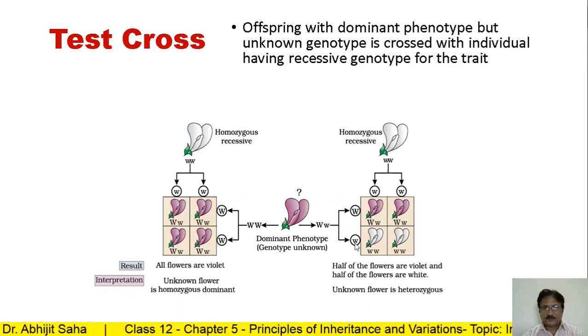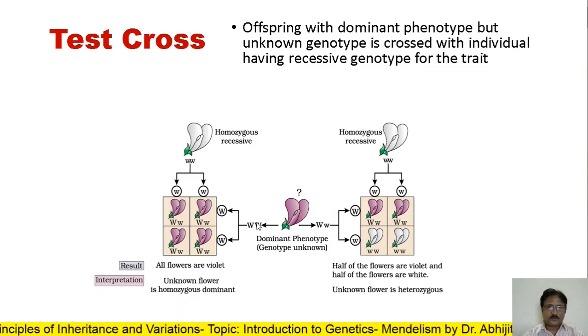In this case, small w, and in both cases it is small w, so these two combine to form white, this and this combine to form white. So here we have 50-50, that is a 1:1 ratio. So if you go the reverse way, in the test cross, if the result is 1:1, then you must consider that this flower is a heterozygous type.